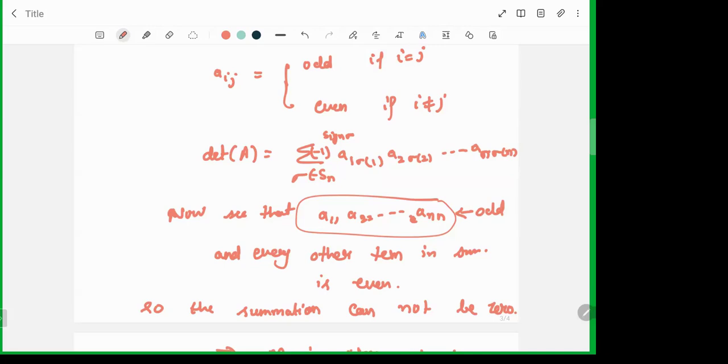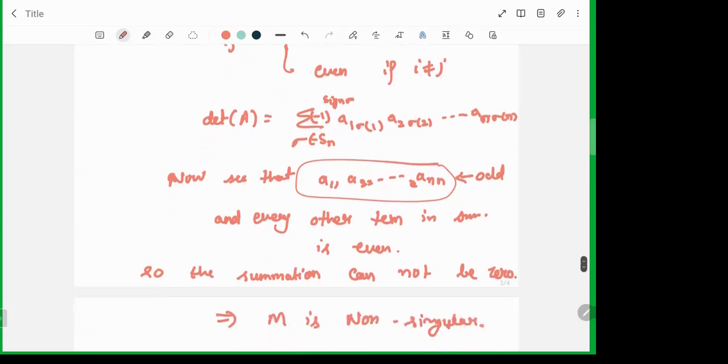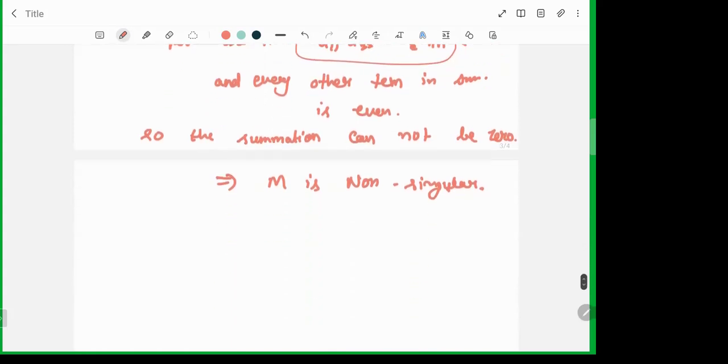There is only one odd term, when the permutation is the identity permutation. Everywhere else this product is even, because of how the matrix is defined. But odd plus or minus even cannot be zero. So the matrix is non-singular. Good. Let's go to the next problem.